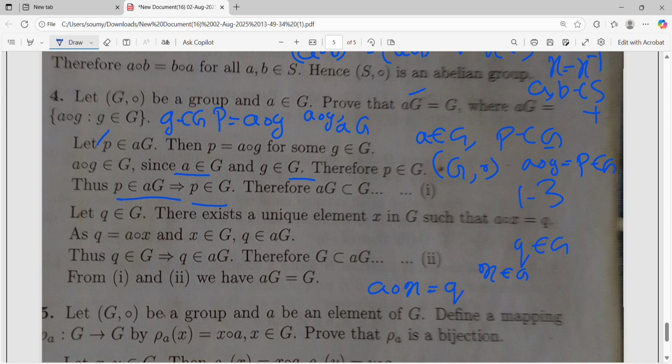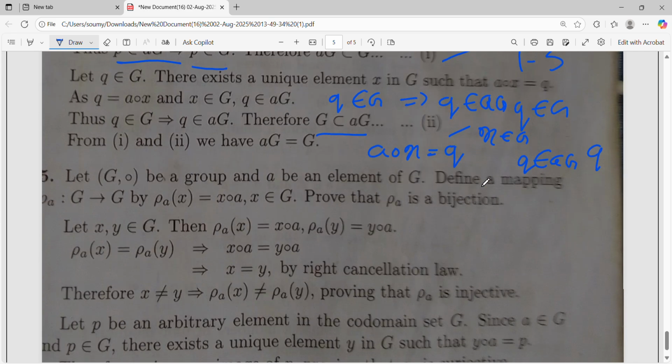So q is equal to a compose x, so q will obviously belong to the set aG. Now q belongs to G implies q belongs to aG. So clearly G is a subset of aG. Now this is equation 1 and this is equation 2. From both we are getting aG equals G. So our proof is done.